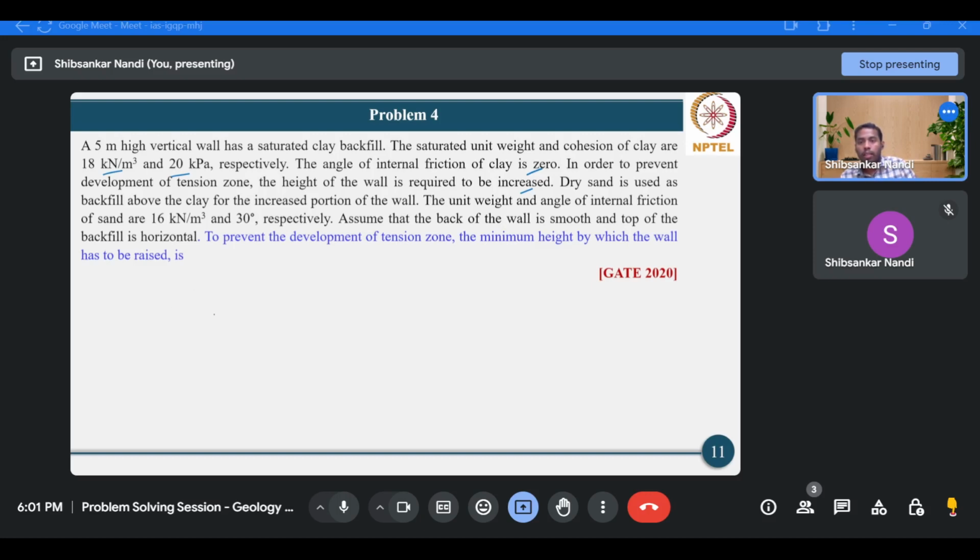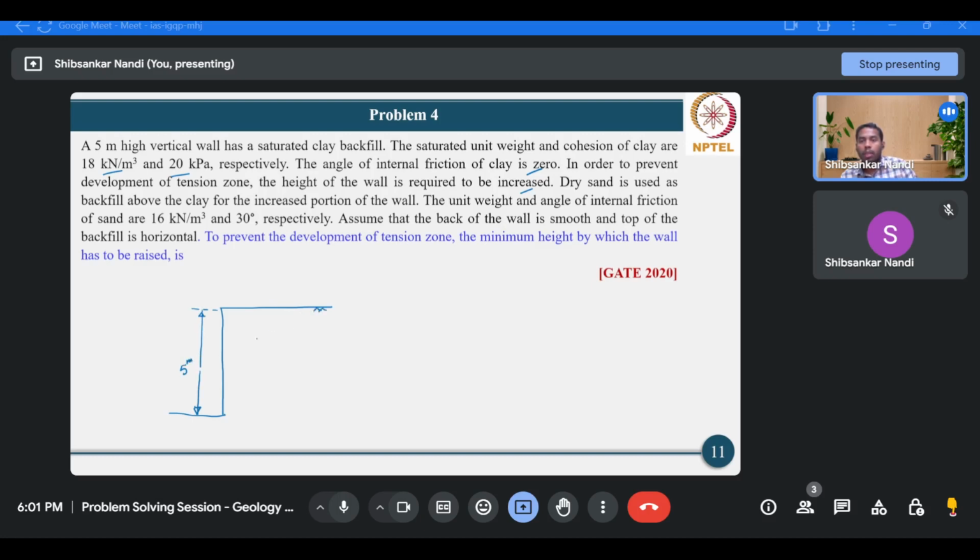So for the first case, there is a retaining wall having a height of 5 meters.